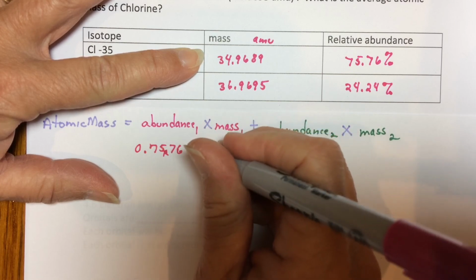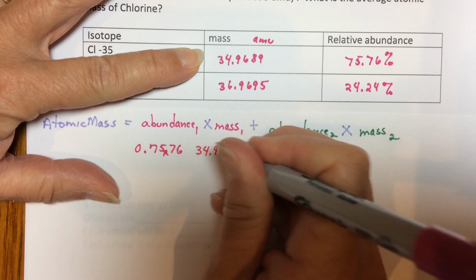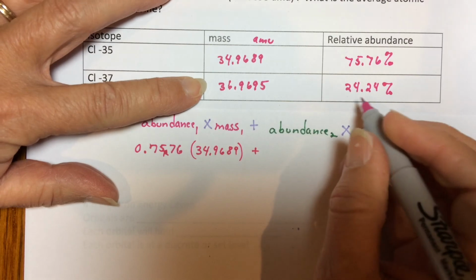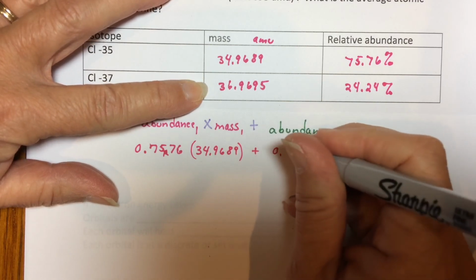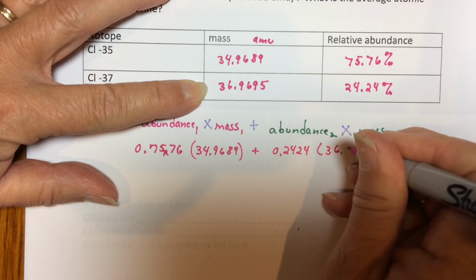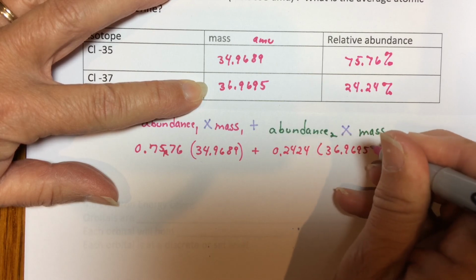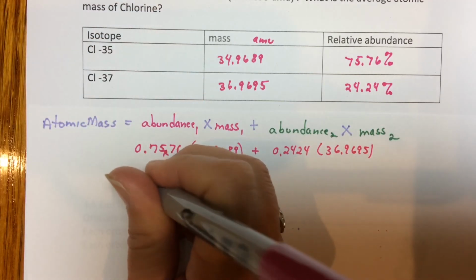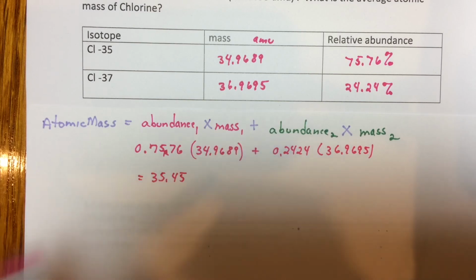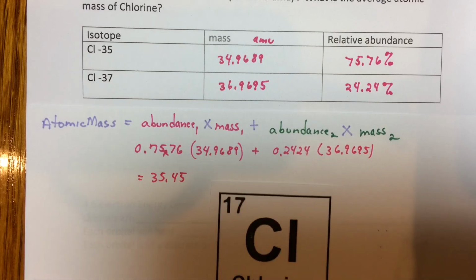The mass is 34.9689 plus relative abundance of 0.2424 times 36.9695. And that gives us an answer of 35.45, which agrees nicely with the periodic table.